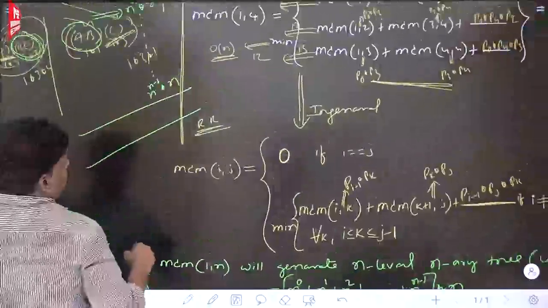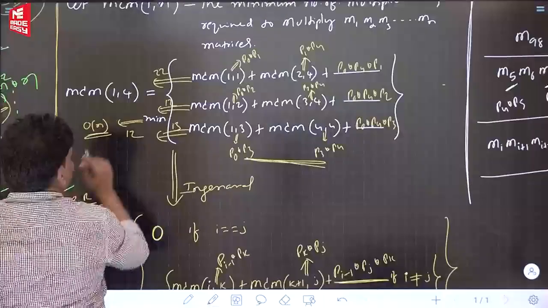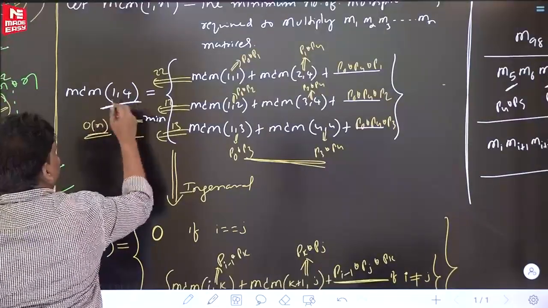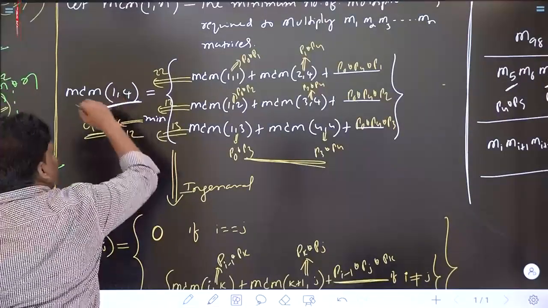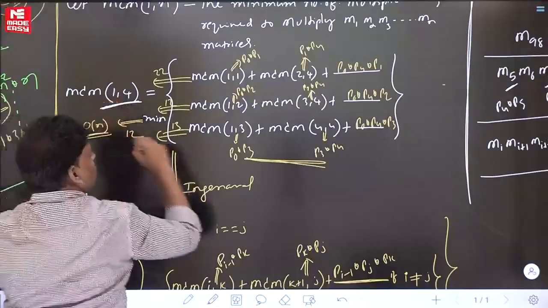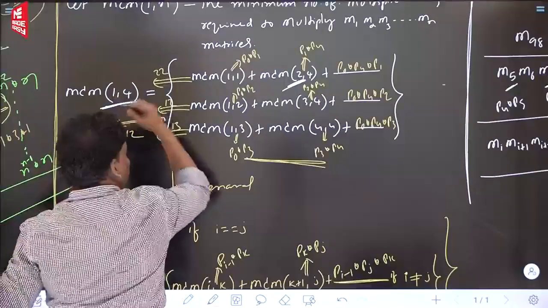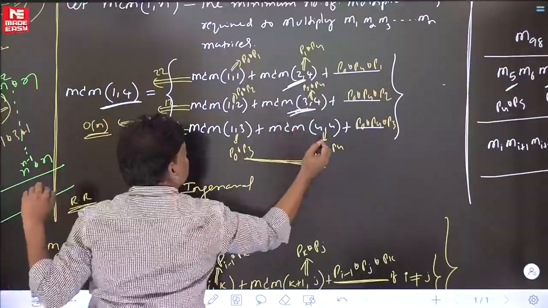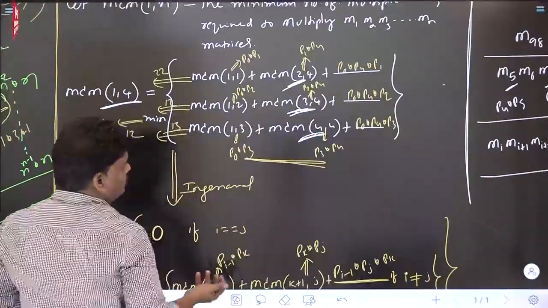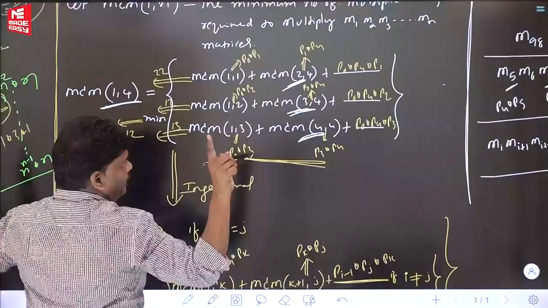See this one. The first place is 1: 1 comma 4. Whenever recursion is going on, the first place 1 may become 2, maybe 3 also, maybe 4 also. All possibilities. Recursion will take only distinct ones, we are calculating only those, not all.